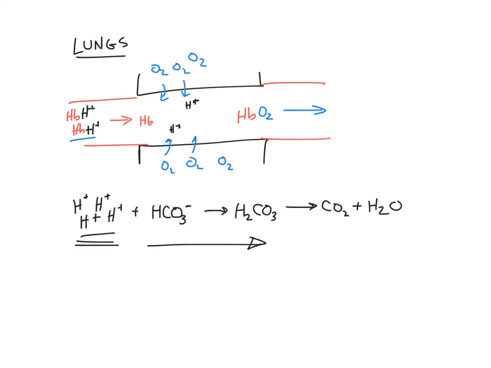Okay, and what happens is now with the H pluses coming off, mixing with HCO3 minus, you're actually making CO2, and the CO2 starts to leave. Okay, and so as the blood is now leaving here, you have very high levels of oxyhemoglobin.